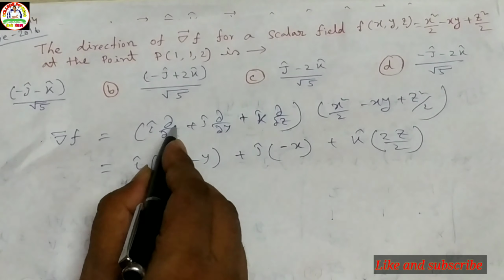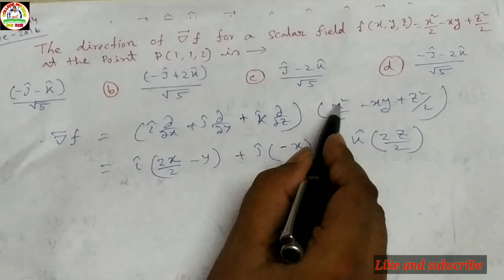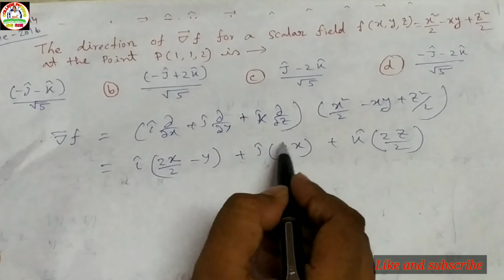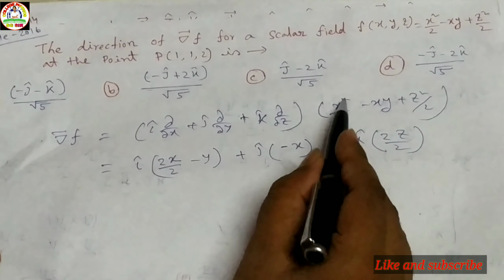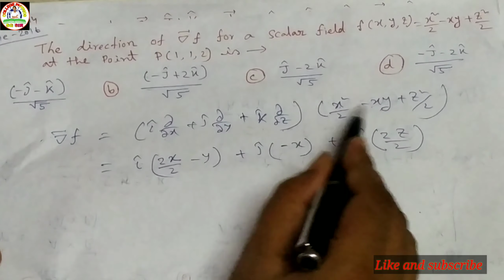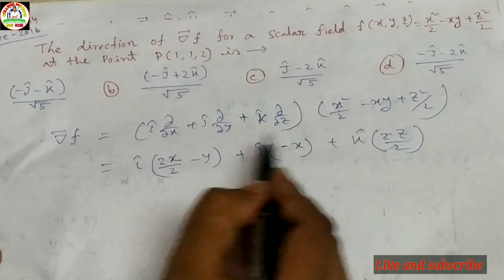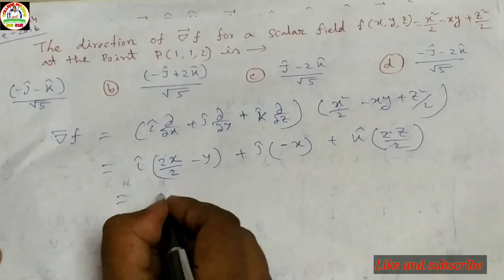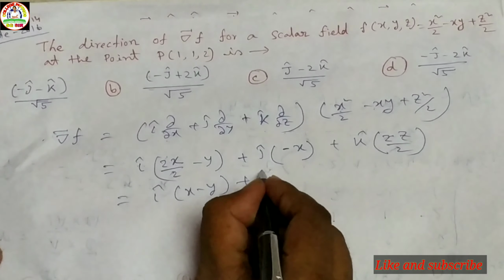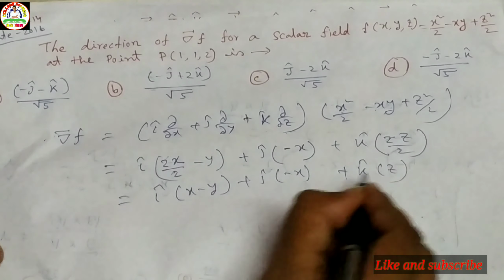So if we differentiate with respect to x, then we get 2x by 2 minus y, plus j cap into this is 0, this is minus x, only minus x, plus k cap into this is 0, this is 0, this is 2z by 2. The 2s cancel each other, so we get i cap (x minus y) plus j cap into minus x plus k cap into z.